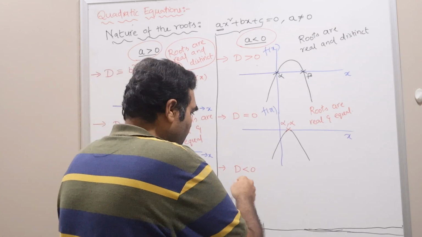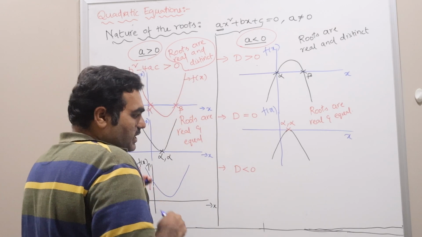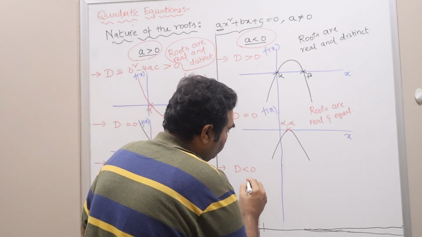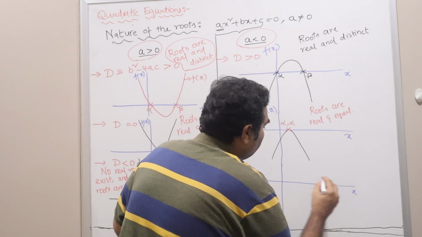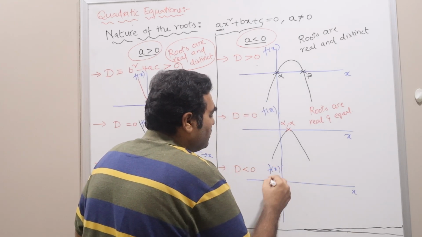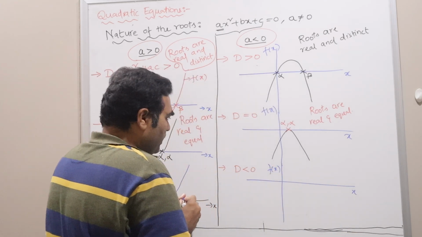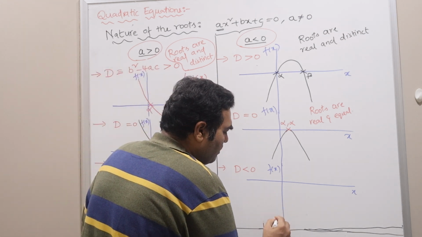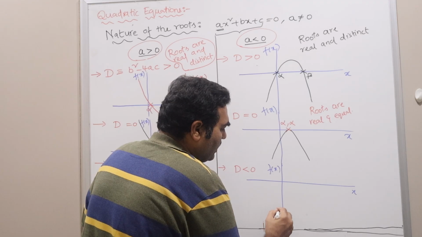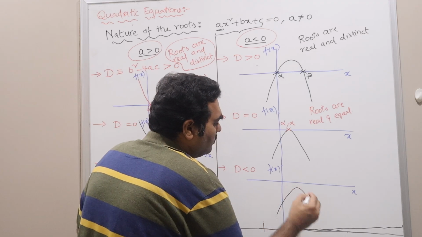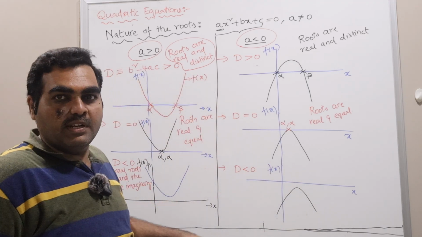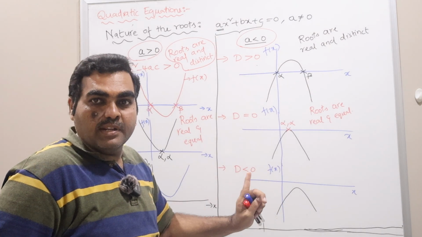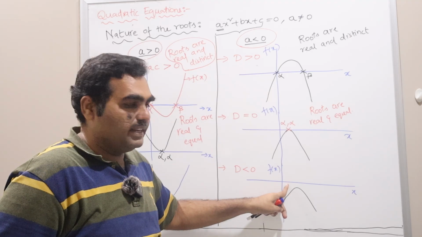Next case, d is less than 0. So once again I can repeat the same approach. This is f of x. So when d is less than 0, when discriminant is negative, you may have something like this. So still it is concave down, but there is no intersection between f of x and x-axis.